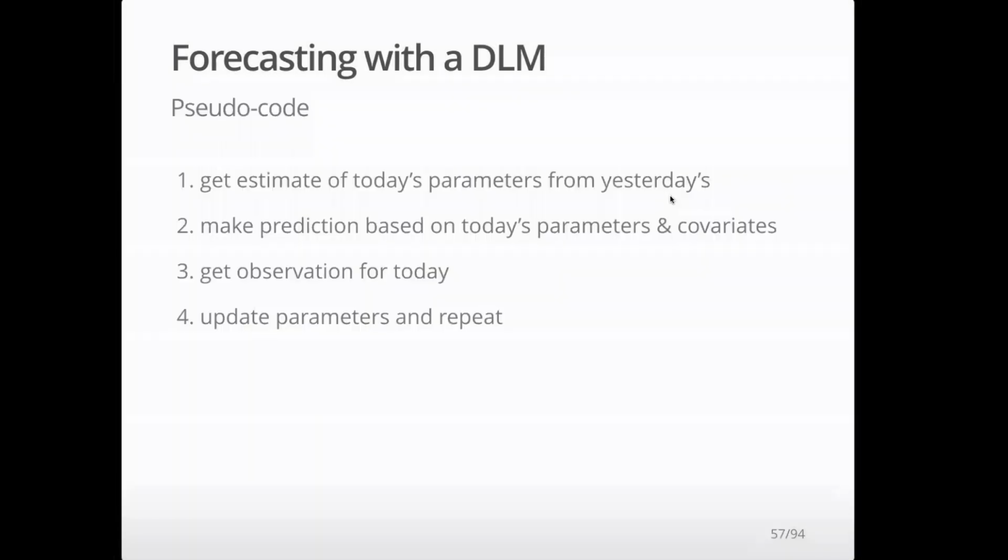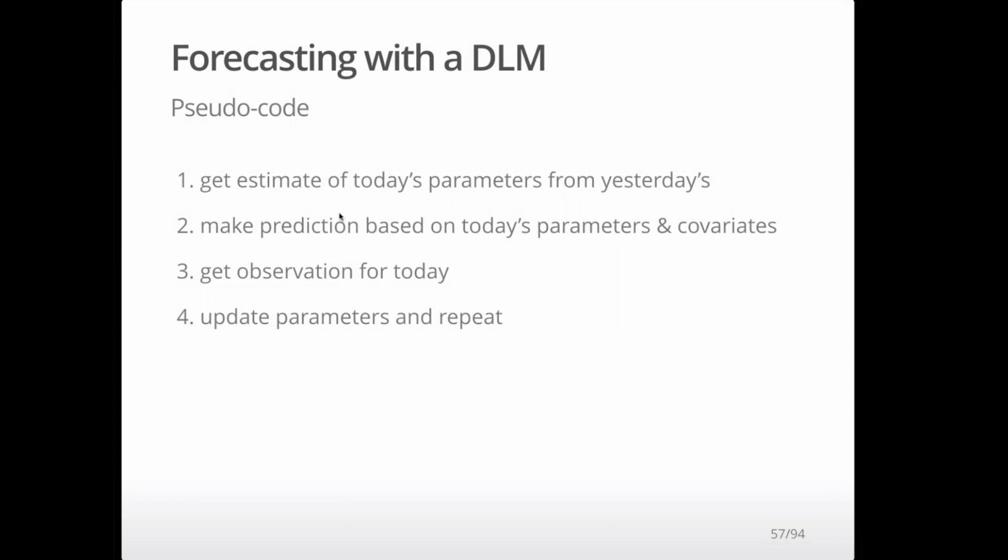Okay. So basically the pseudocode, the recipe, the way this works is, you're going to make a prediction for today. We're typically thinking about a model where we've got some covariates, predictor variables, and we have parameters that we want, but we don't know anything yet today. So we're going to estimate today's parameters based on yesterday's, because that's the best information we have.